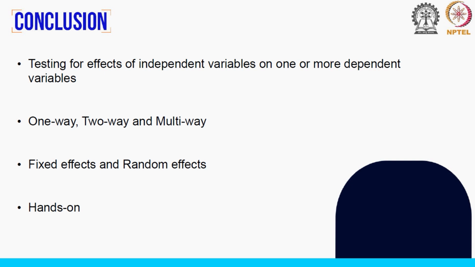We can do one way, two way ANOVA or even multi way ANOVA. We have also talked about fixed effects and random effects ANOVA, and we have done the hands on with a real data set, and I have demonstrated how we can run this analysis. I will encourage you to run this yourself, because I will share the data with you, and you will get a feel for these techniques through the hands on. Thank you.